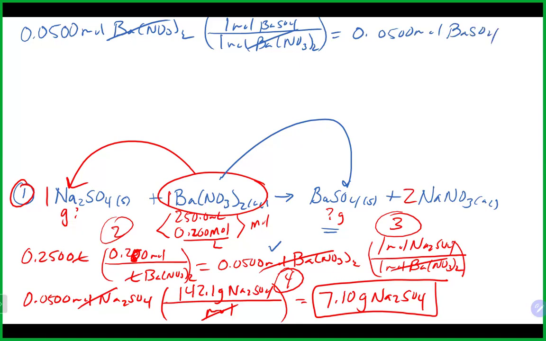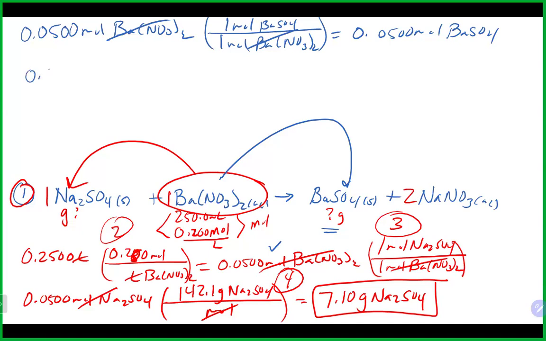Again here, we could use the molar mass from the periodic table. Barium is 137.3, I hope, plus 32.07, which is sulfur, plus our 4 oxygens there. There are 16 each. Looks like a 233.4.